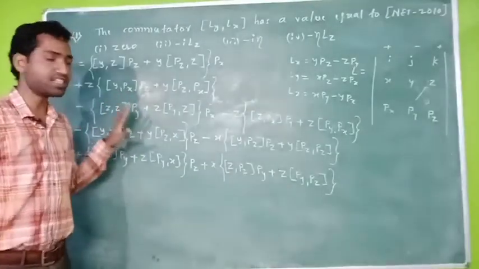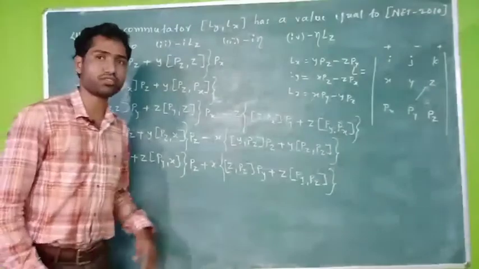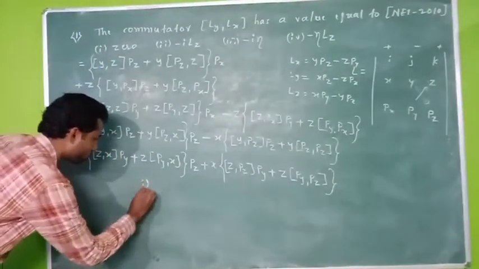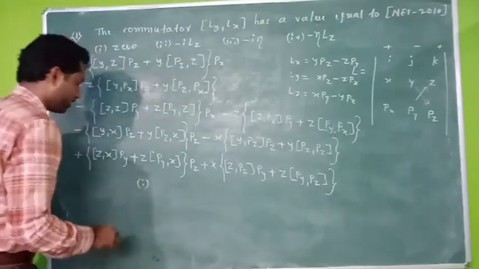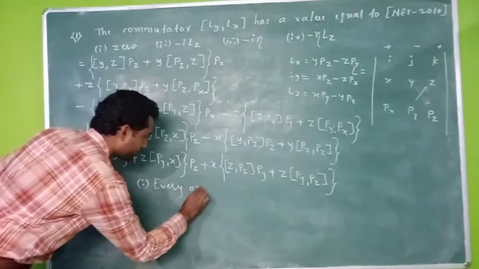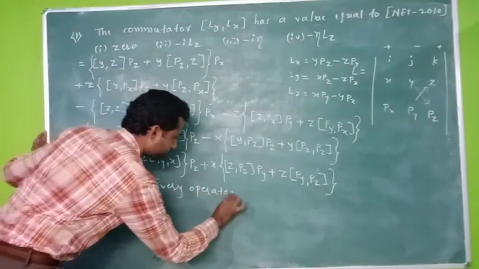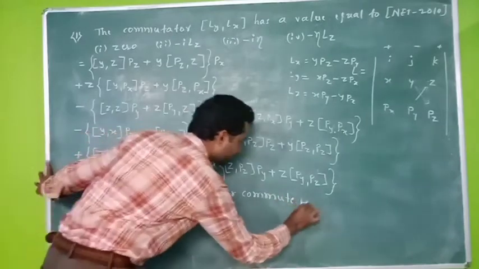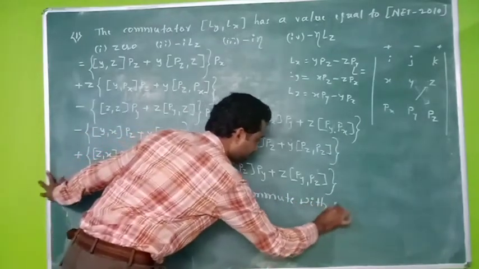In order to understand this one, we have to make use of the properties of commutators. The first property we have to use is that every operator commutes with itself.